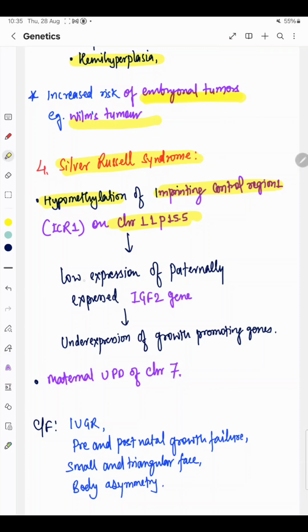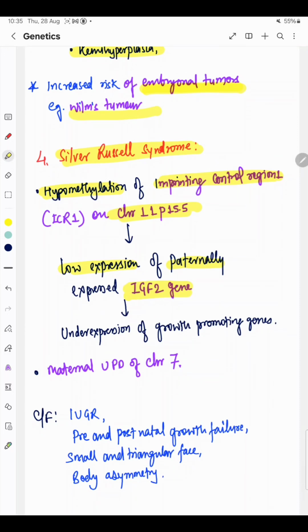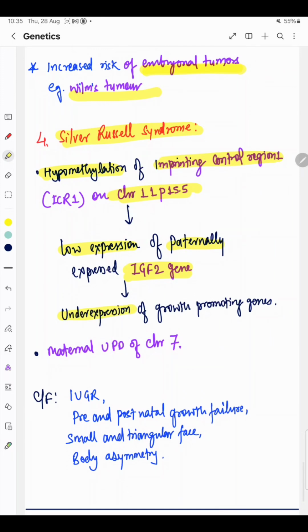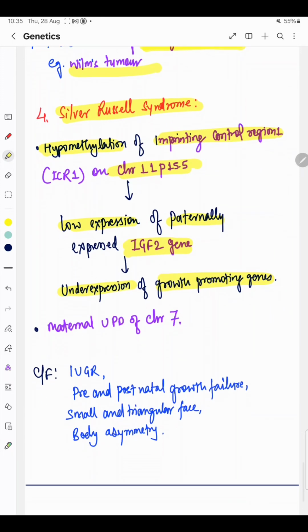This hypomethylation results in low expression of the paternally expressed IGF2 gene and under-expression of the growth promoting region, and there is decreased growth or undergrowth. Maternal uniparental disomy of chromosome 7 is also seen in Silver-Russell syndrome.